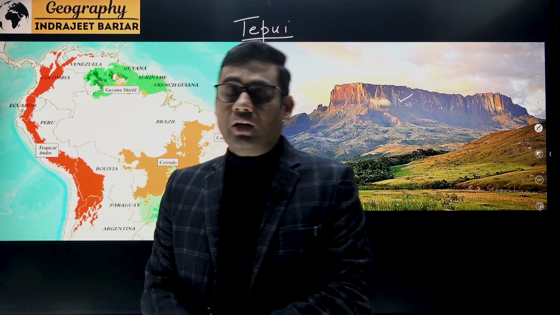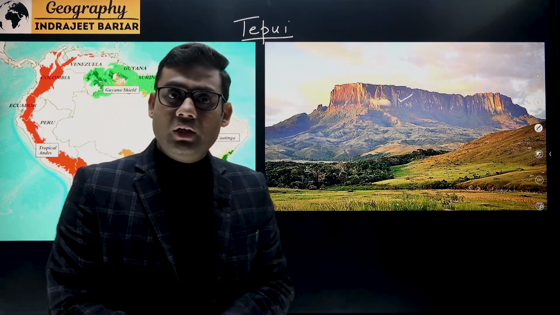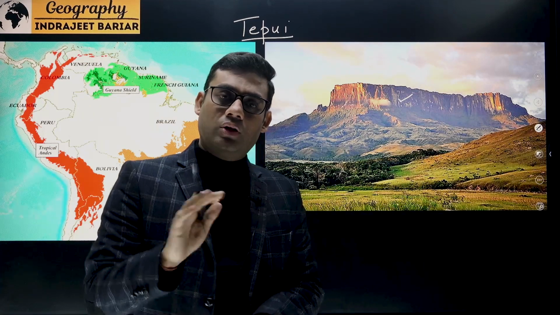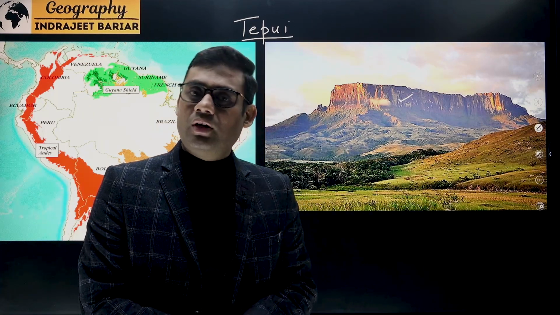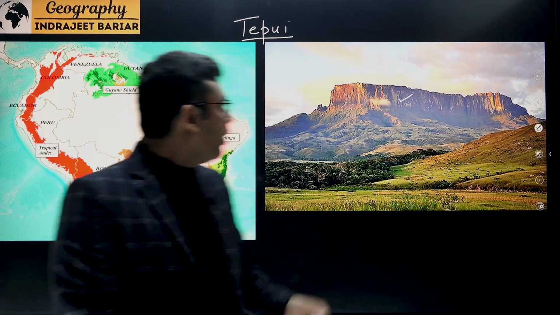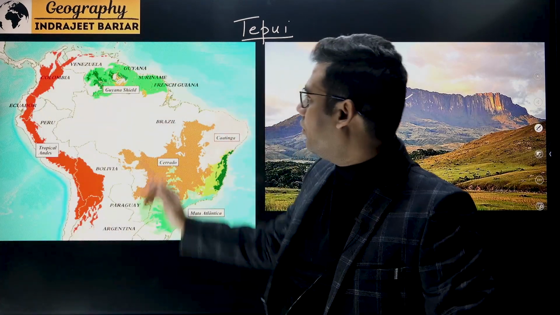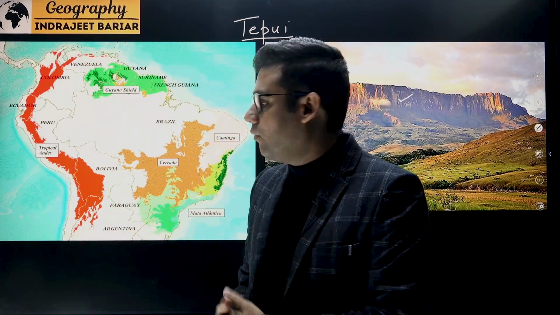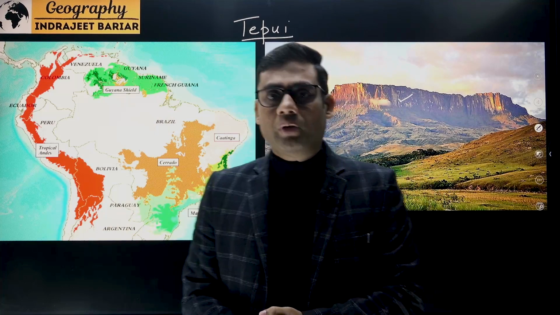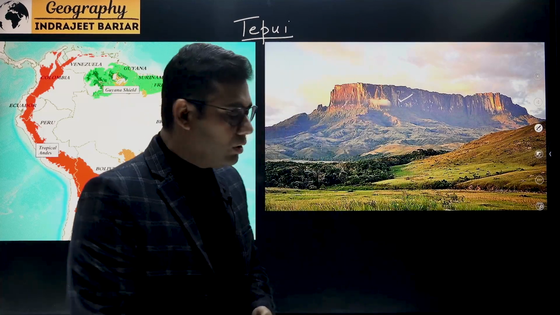And it is from the cleft of one such tepui that the world's highest waterfall falls, that is Angel Falls in Venezuela. Now this Guiana Highland covers the part of what we identify as the Orinoco Basin, Orinoco River.